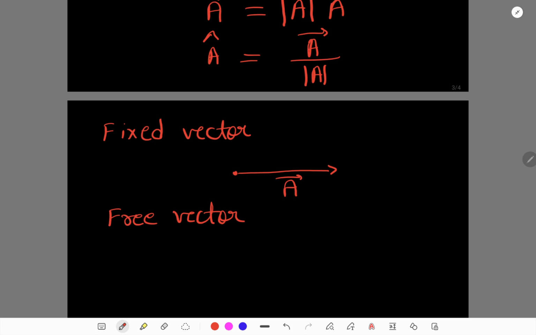A vector whose initial point is not fixed is called a free vector or non-localized vector.